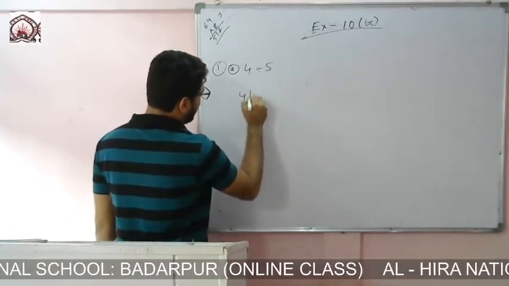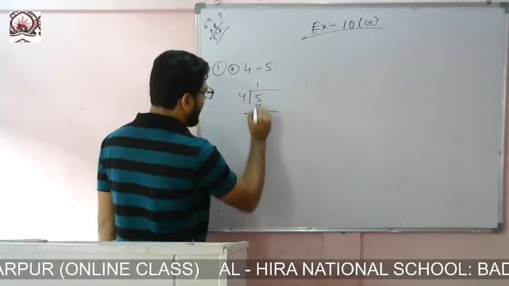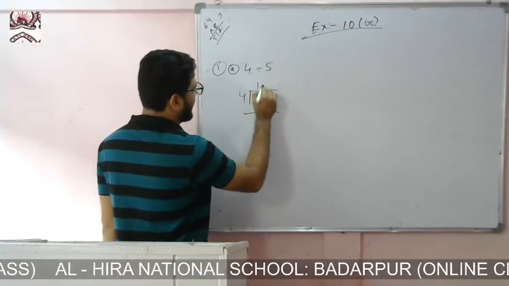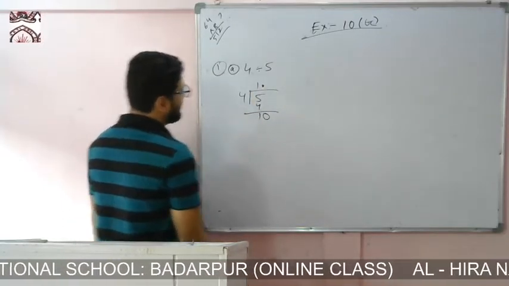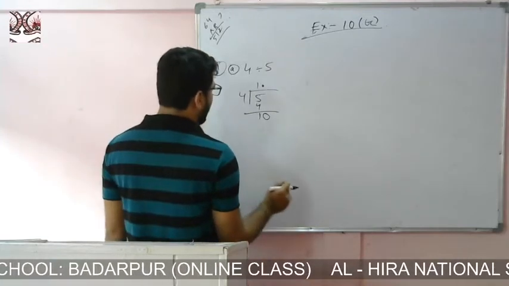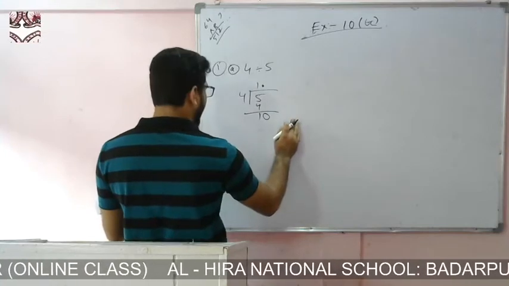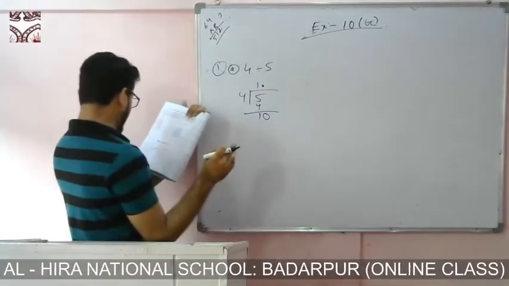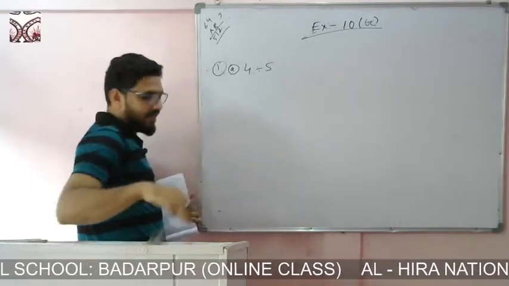You write 4, then divided by 5. 1 is not divisible, so we'll put 1 point and bring 10 here. Sorry, we have to divide by 5.